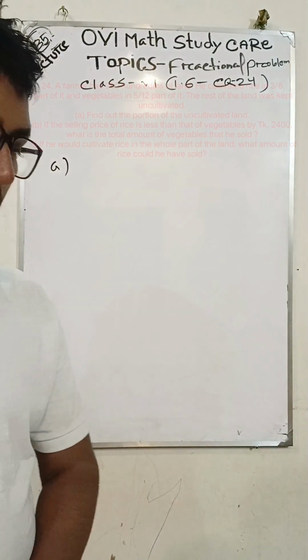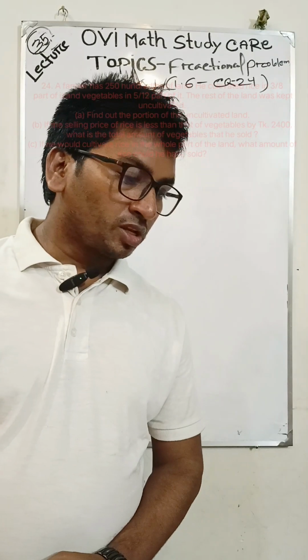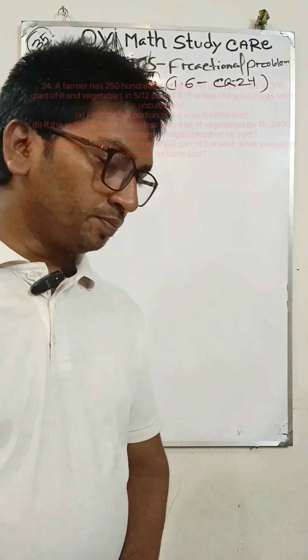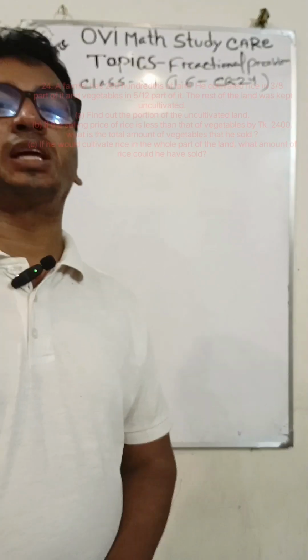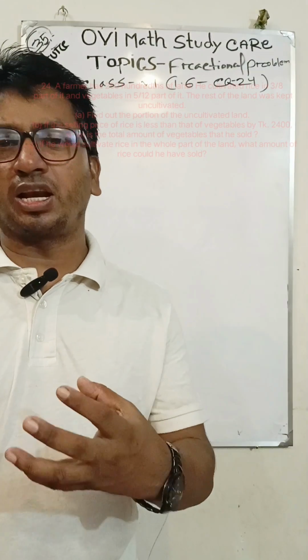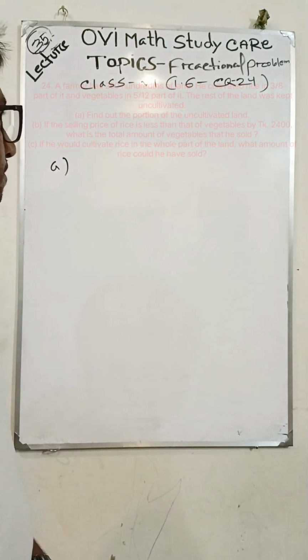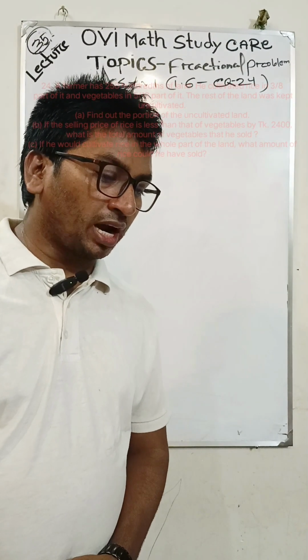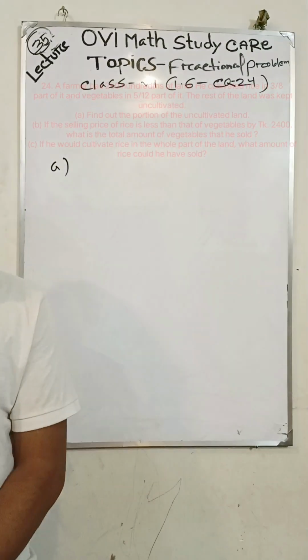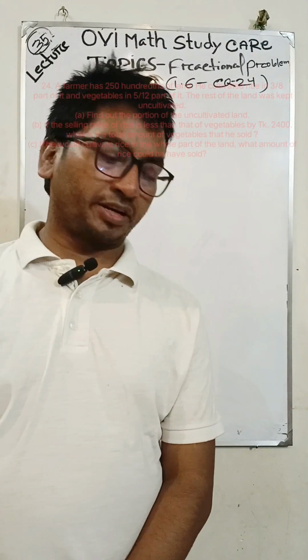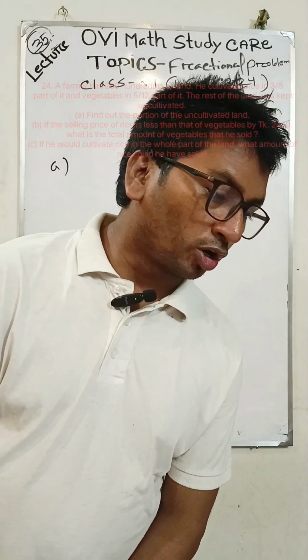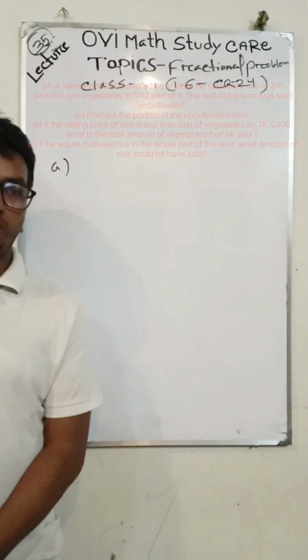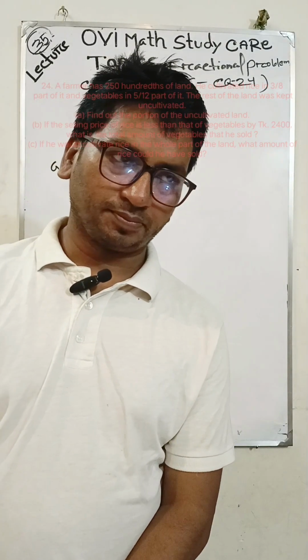First question, find out how much portion of the land is uncultivated. Second question, if the selling price of the rice is less than that of the vegetables by 2400 taka, then what is the total amount of vegetables that he sold?